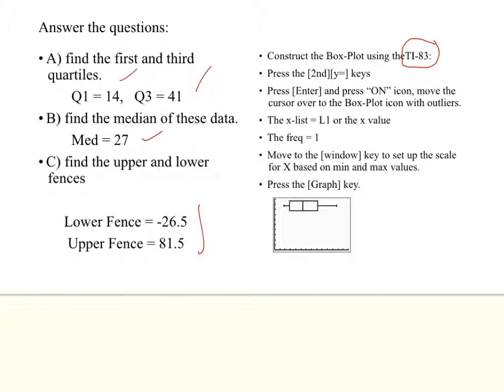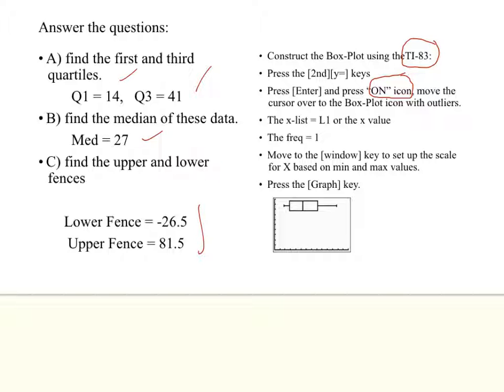And to do that, we will press the second Y equal key, and we get the menu screen for plots. Once the icon is on the first plot, we will hit enter, and we'll press on the on icon as soon as we get that plot menu.